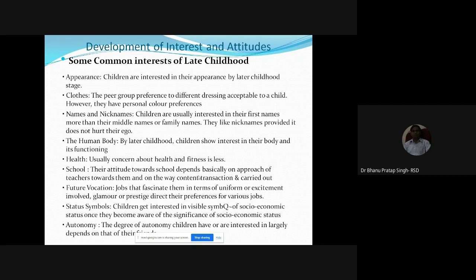At the age of later childhood, the child starts loving and preferring colors, even the dress pattern, even the type of clothes. After late childhood, he or she should be called by some specific, very special name.